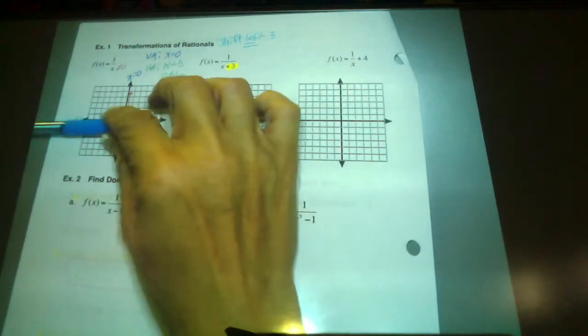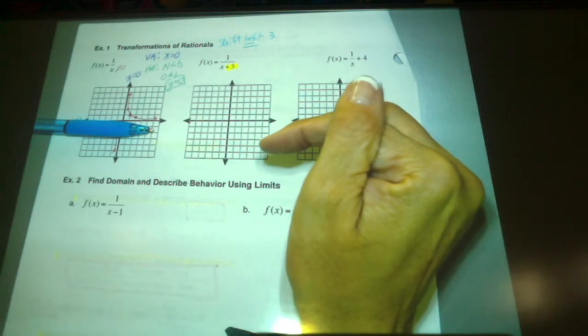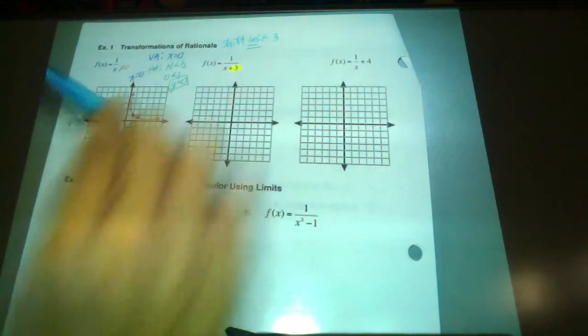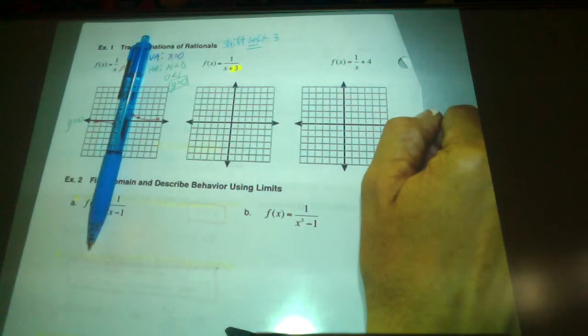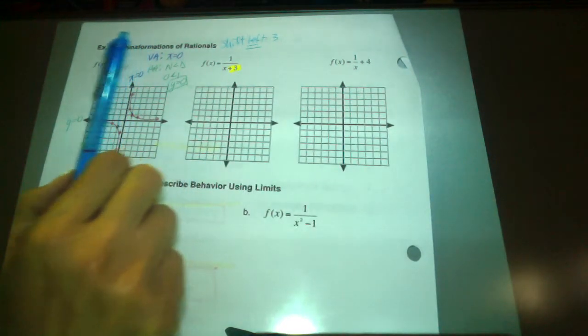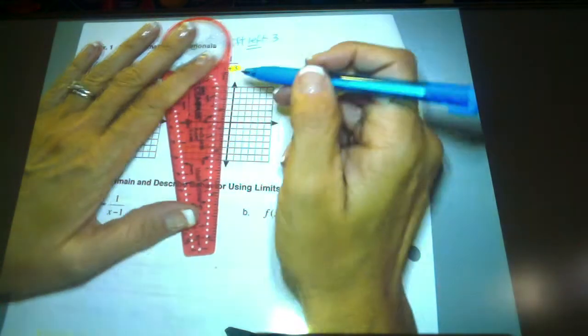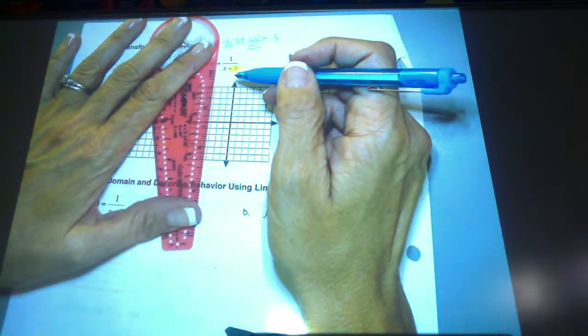You can move that left 3 all you want, but it's still going to be there, isn't it? So moving my horizontal asymptote left 3 does no good. What about my vertical asymptote? What happens when I move it left 3? Does it look different? It does look different. So I can actually move the vertical asymptote left 3, but the horizontal asymptote stays the same. So that vertical gets shifted to the left 3.